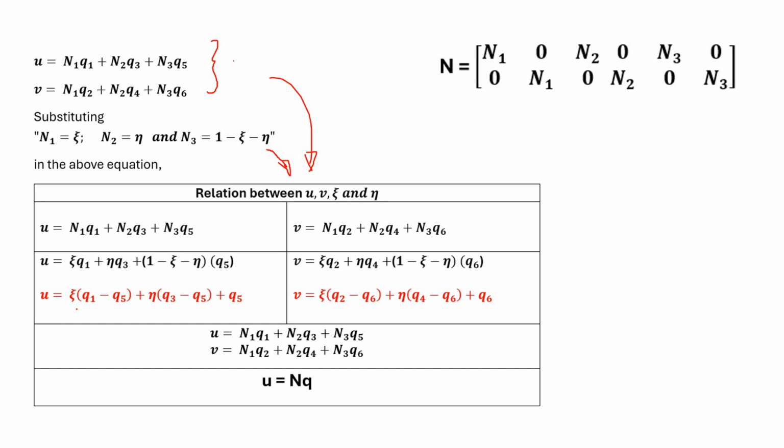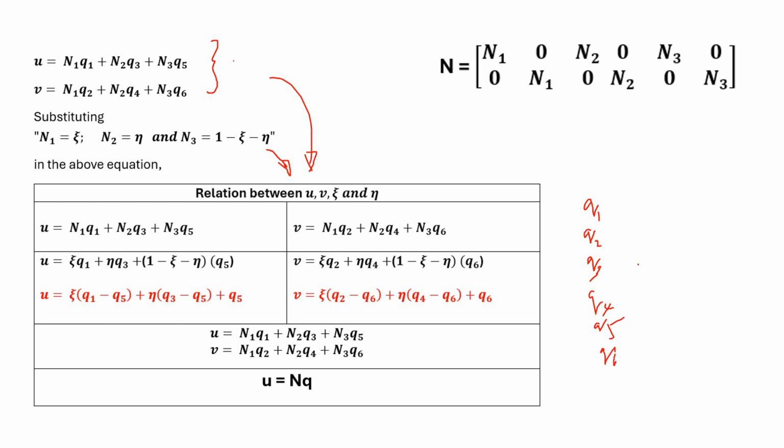Finally, you get u equal to psi times (q1 minus q5) plus eta times (q3 minus q5) plus q5, and v is equal to psi times (q2 minus q6) plus eta times (q4 minus q6) plus q6. Now you can see that the values of u and v are obtained from q1, q2, q3, q4, q5 and q6.